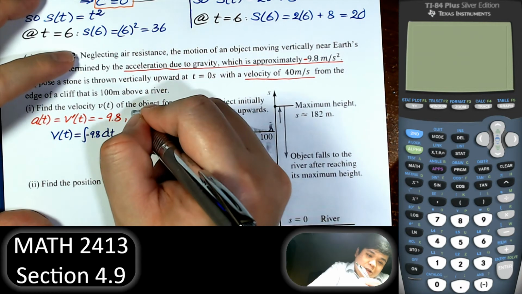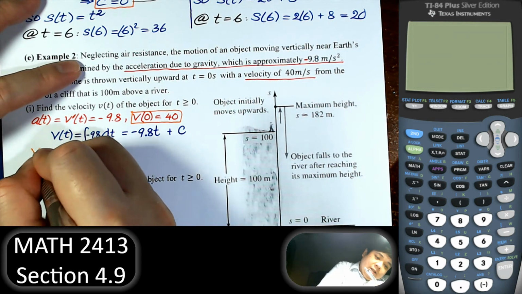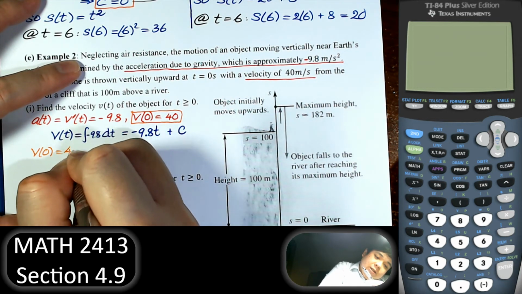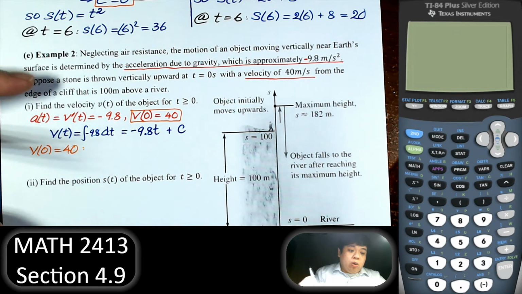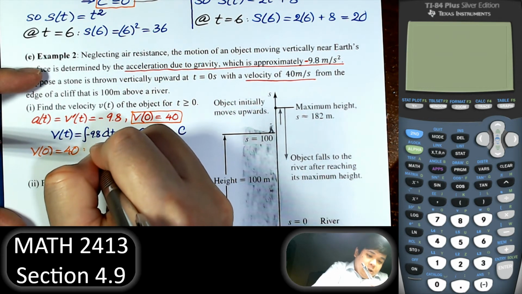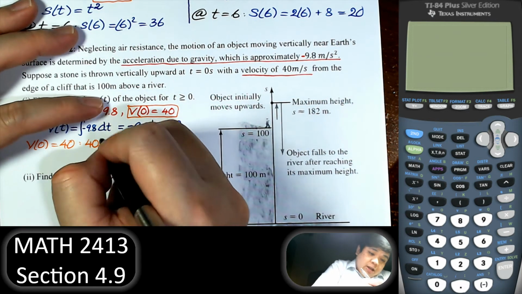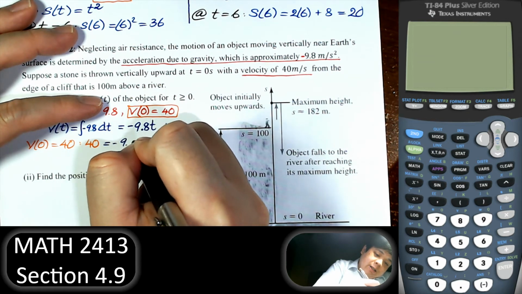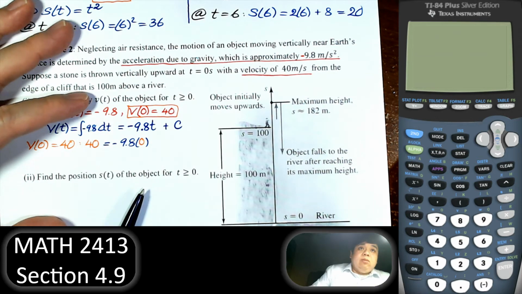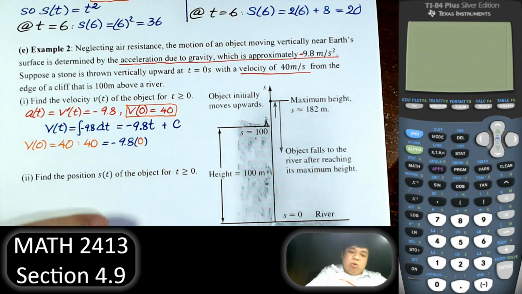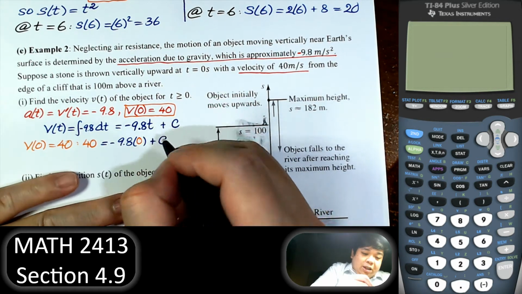Yeah, that's what we have. Now, the initial value problem: v of 0 is equal to 40. Meaning that we let velocity equal 40, where we substitute in 0 for t. When t equal to 0, the function is equal to 40, and that cancels out, and we have c equal to 40.